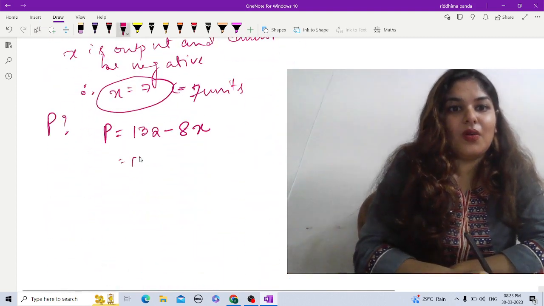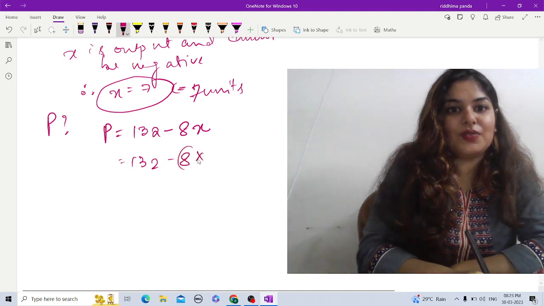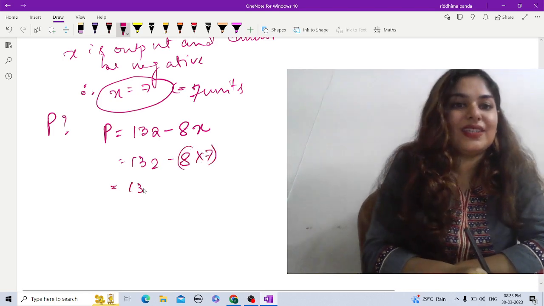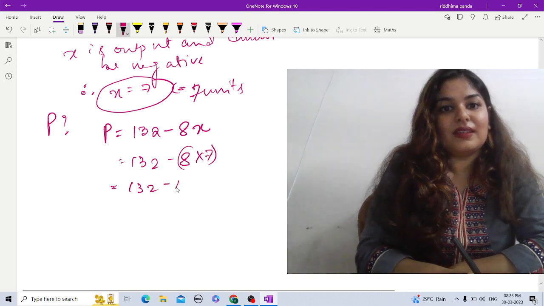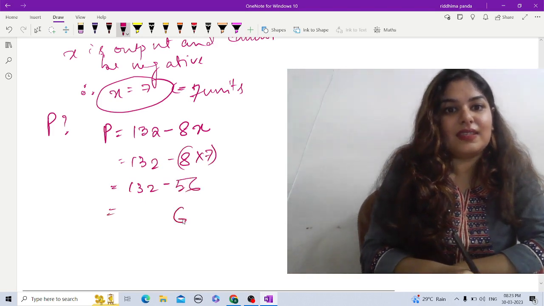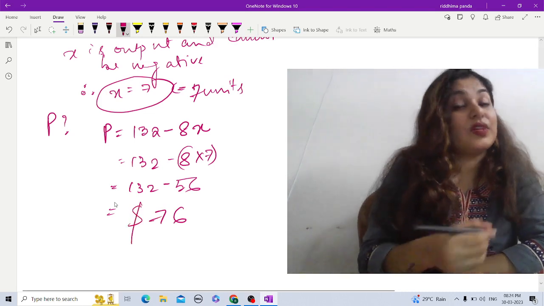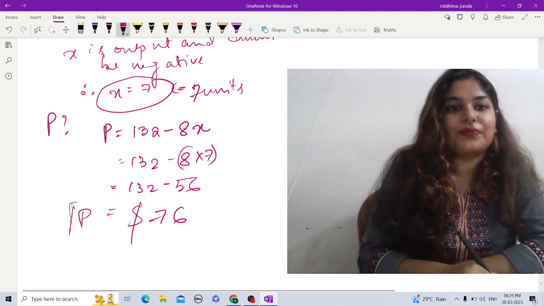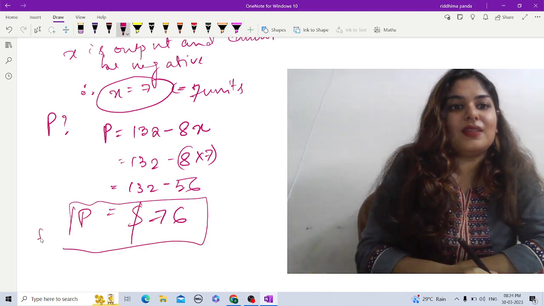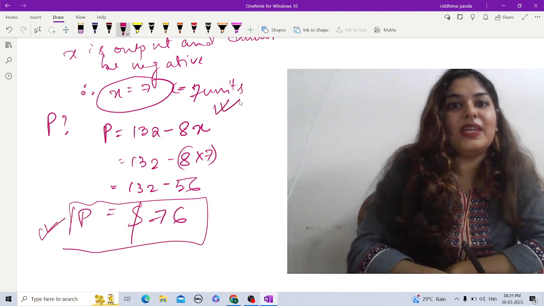That is 132 minus 8 into 7, which is 132 minus 56. So this is 76 dollars, rupees, whatever is given in the question. So this is the monopolist price. This is the equilibrium quantity.